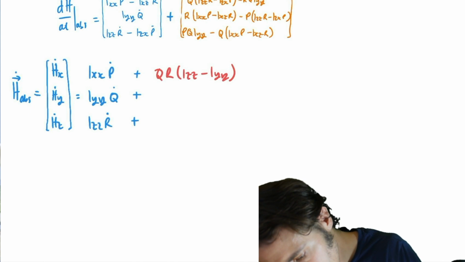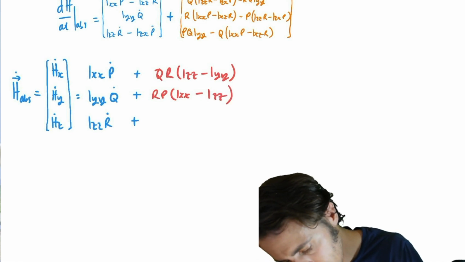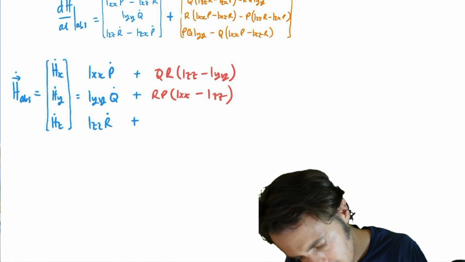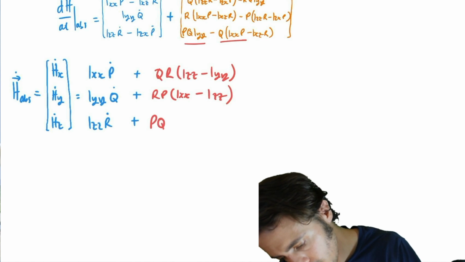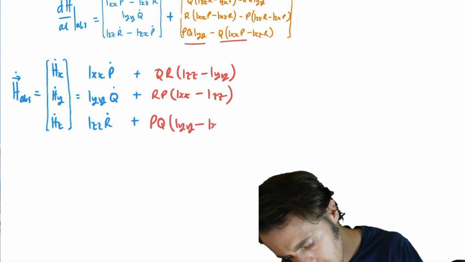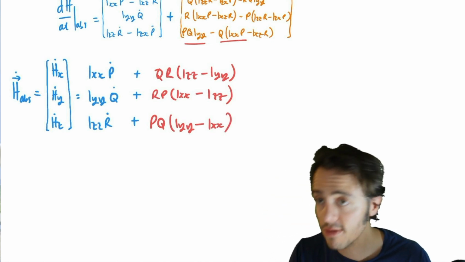I've then got RP (Ixx minus Izz). I know I've already done this, but rather than copying it down, I'd rather just go through this again. I've got these two here, so I've got PQ (Iyy minus Ixx). Let's just do a quick save.